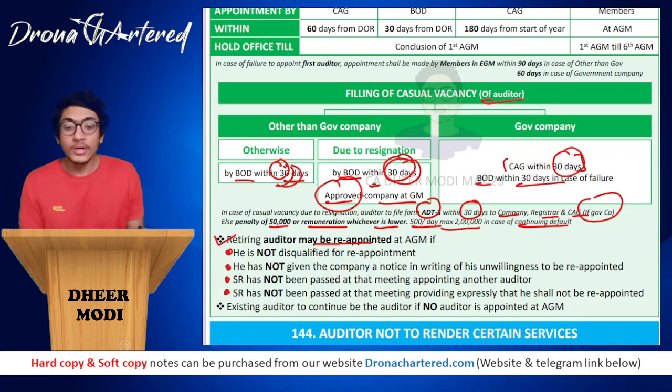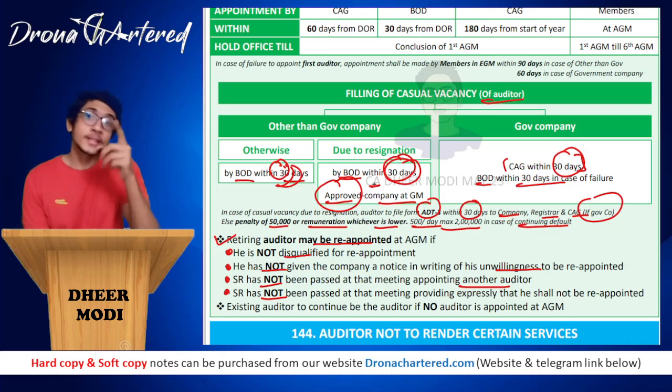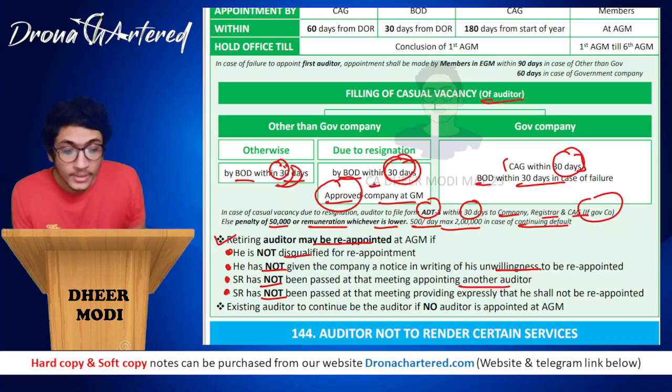So there are 4 conditions. He should not be disqualified. He himself should not have given unwillingness to be reappointed. A special resolution should not have been passed for another auditor, and a special resolution should not have been passed saying that this auditor should not be reappointed. Okay, so these are your 4 points.